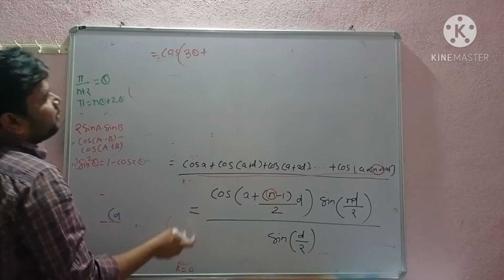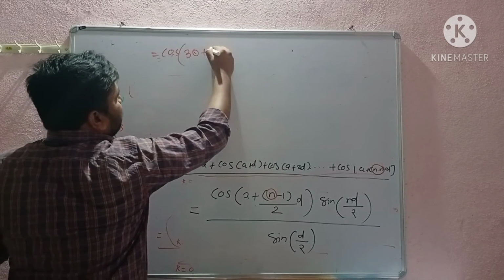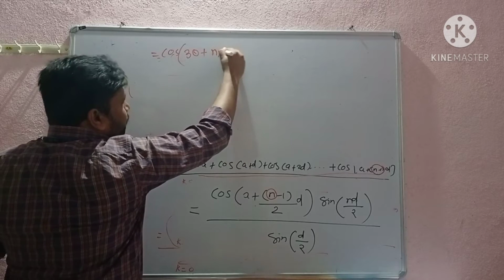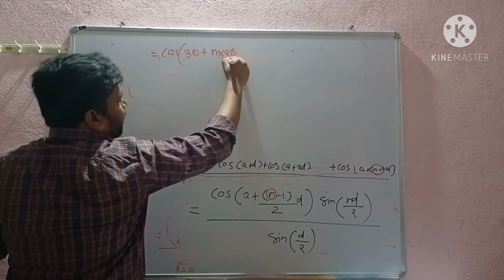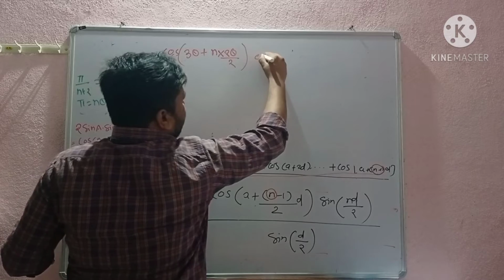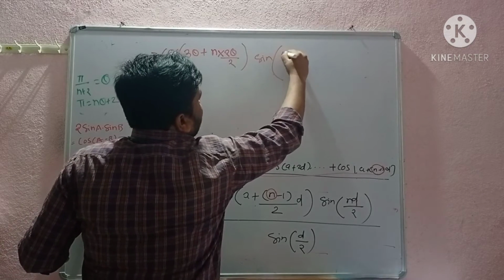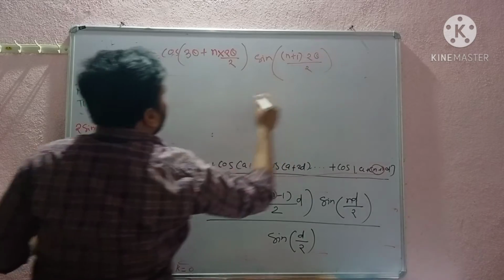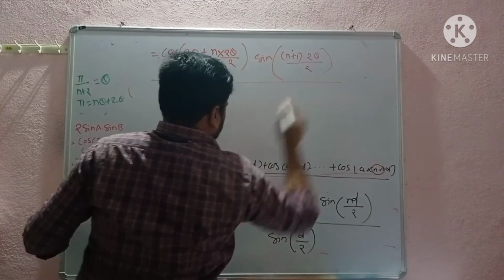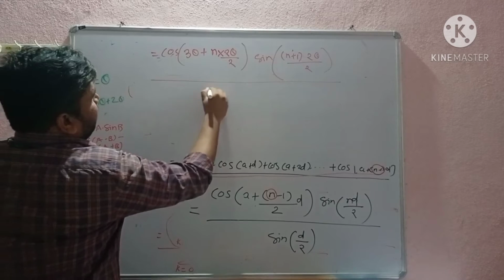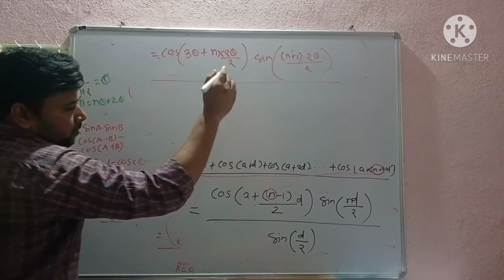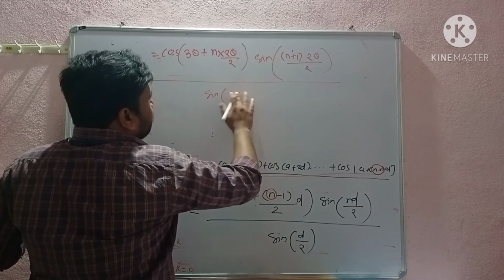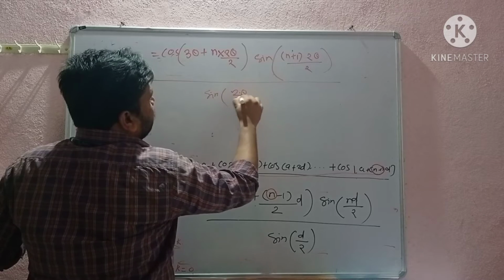Here the equation simplifies and becomes: (n plus 1) into 2 theta, the difference, divided by 2, into sine of (n plus 1) 2 theta upon 2, divided by sine of 2 theta upon 2.